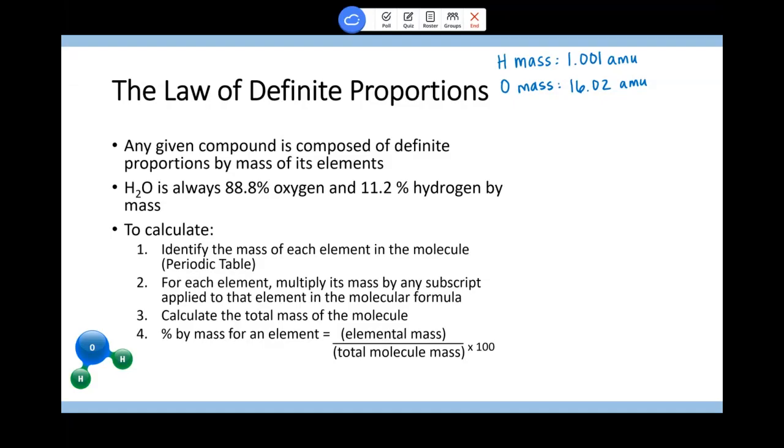We have 2 hydrogens in water. So the mass of hydrogen in water, so let's see, H mass in H2O is 2 times the mass of hydrogen. So 2.002 atomic mass units. So that's the elemental mass of hydrogen in water. There is only 1 oxygen in water, so its elemental mass is the same as 16.02.